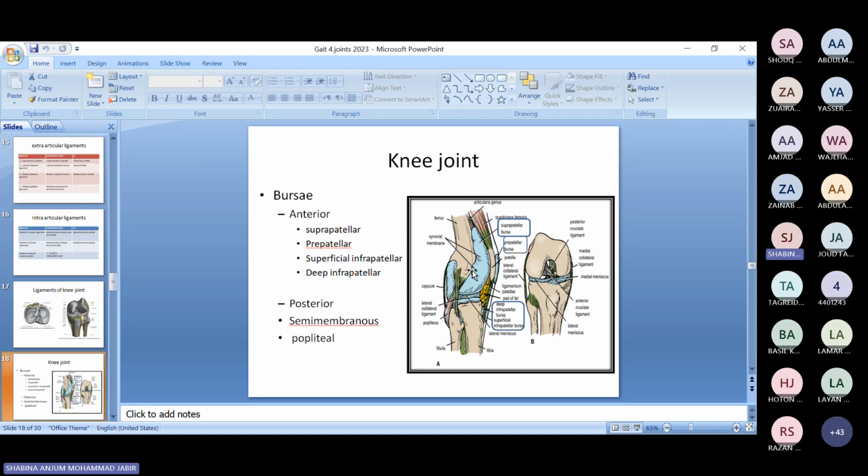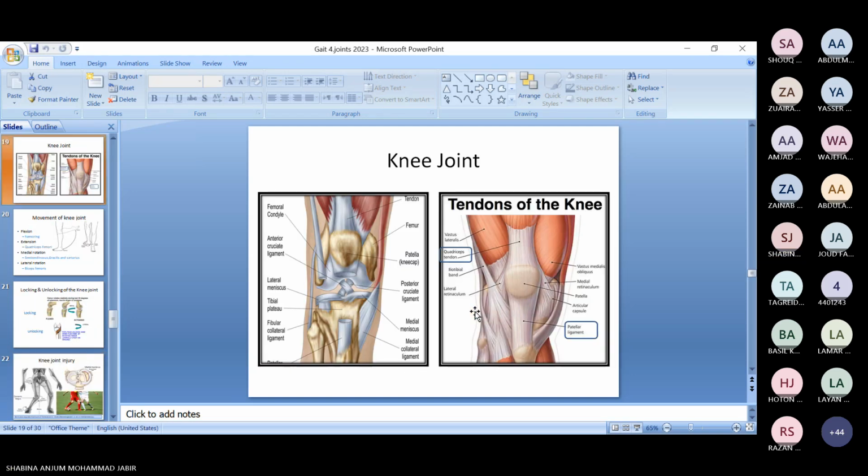It is the fluid-filled synovial membrane or sac present around the patella to avoid friction. You can see here the cruciate ligament. Then you can see here the patellar ligament. Then you have the quadriceps tendon in which the patellar ligament develops.